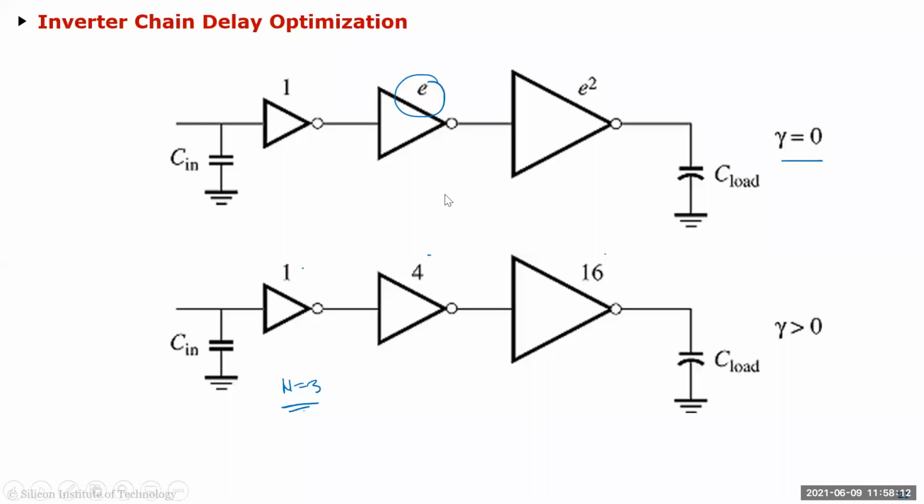So, makes sense, everyone? Any questions on what we have done so far? So basically, we are going to use this method to now find arbitrary paths and how to minimize that delay.